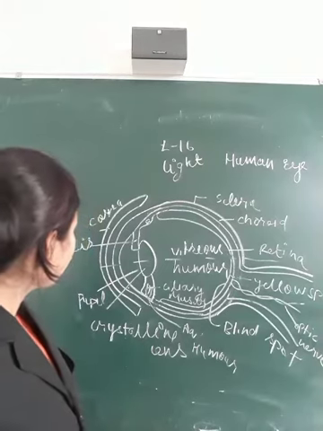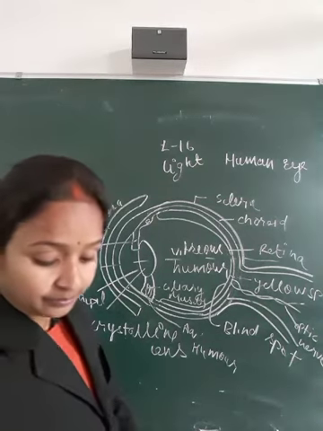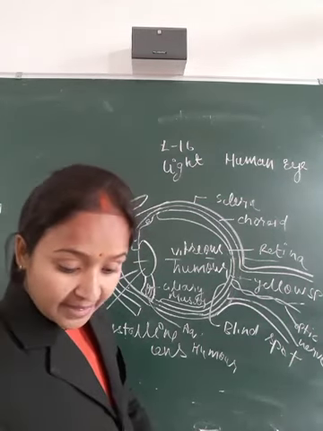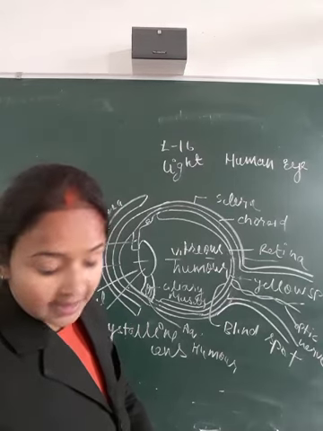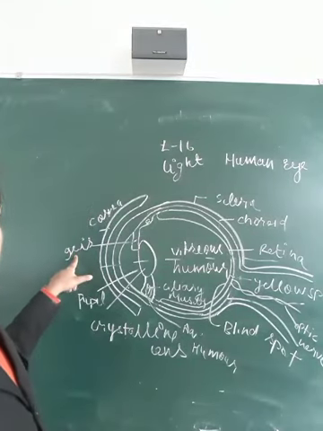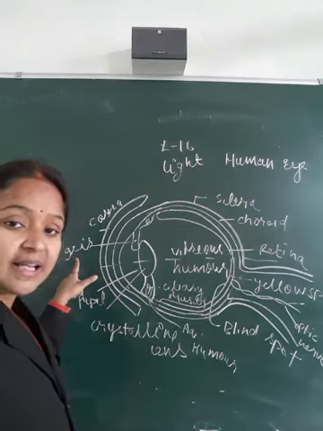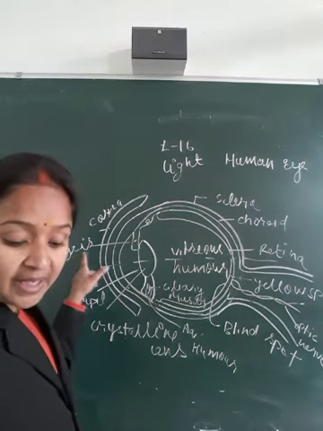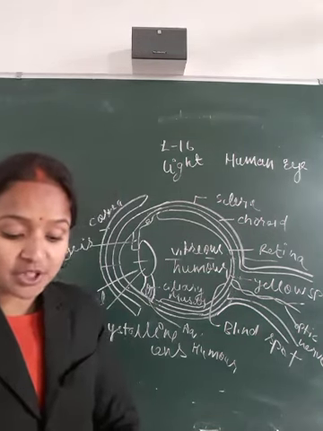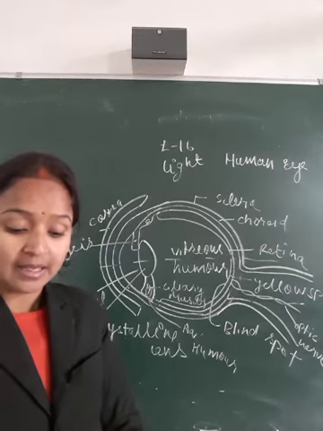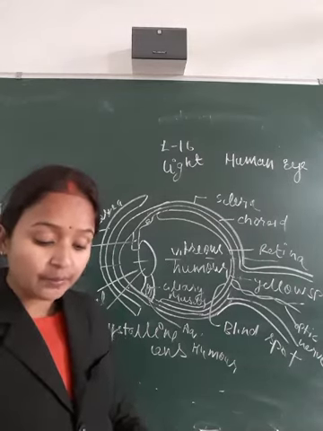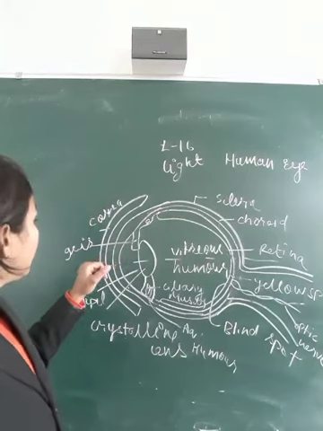Next one is the iris. Here you can see that this is the iris. In the diagram it is clearly visible. It is a circular diaphragm suspended in front of the crystalline lens, and it has a tiny hole in the middle commonly called the pupil.